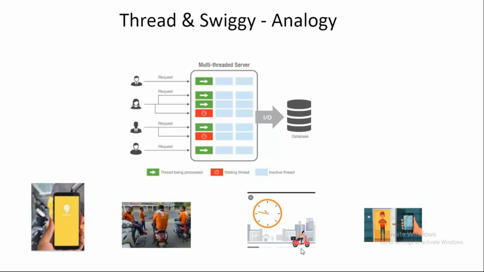So I'm going to compare that with the way your Swiggy delivery operates, right? If you typically see, when you order any food in your delivery app, there are two parties: one is the restaurant, second is you, and in between there are multiple Swiggy delivery persons who are going to be somewhere near the restaurant, near that area.